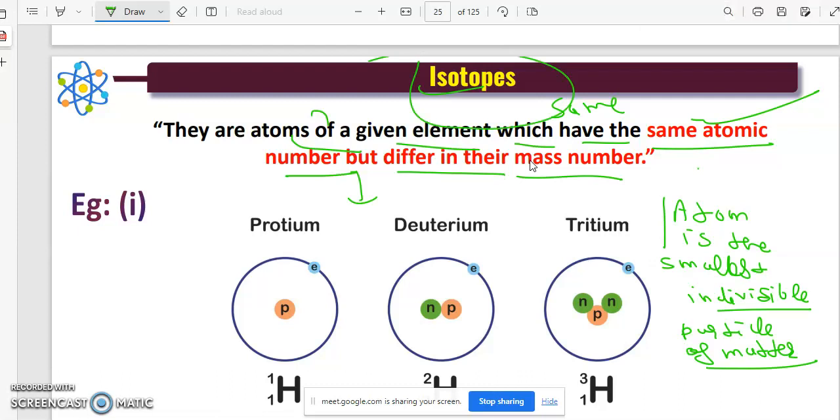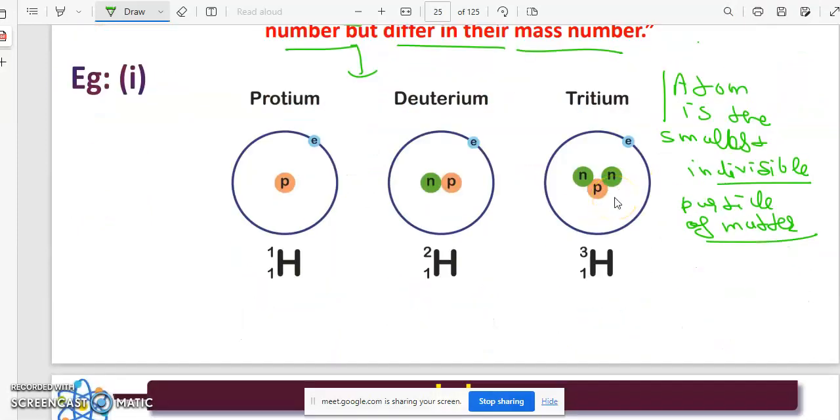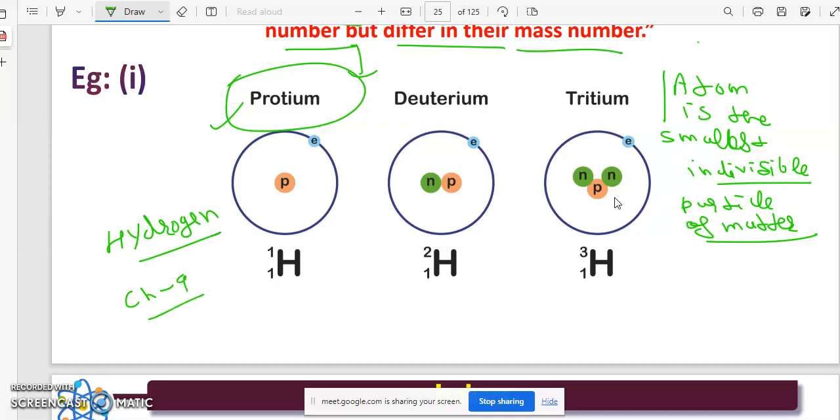Now let's take a few examples to understand this. This is also a separate chapter in your portion, the hydrogen chapter, chapter number 9. In that hydrogen chapter, you will study the isotopes of hydrogen.